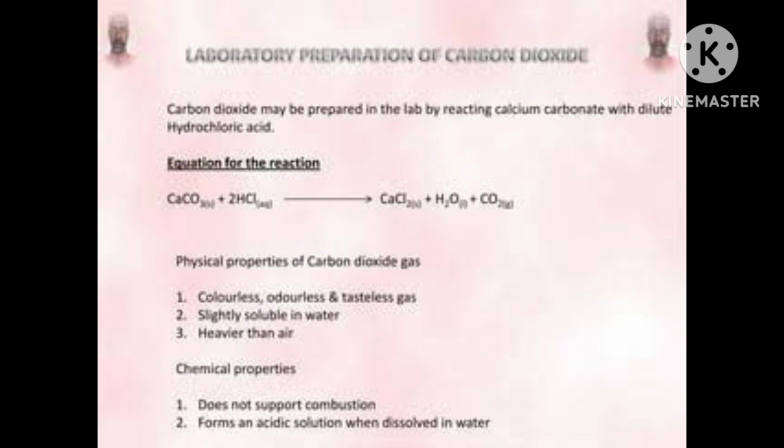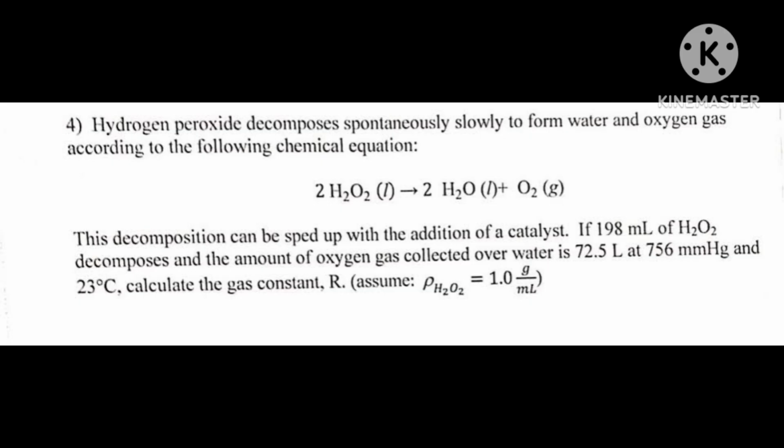Next reaction is with carbon: C plus O2 gives CO2. Next reaction is zinc sulfide plus oxygen gas. It gives two products, zinc oxide plus SO2. The balanced equation is 2ZnS plus 3O2 gives 2ZnO plus 2SO2.